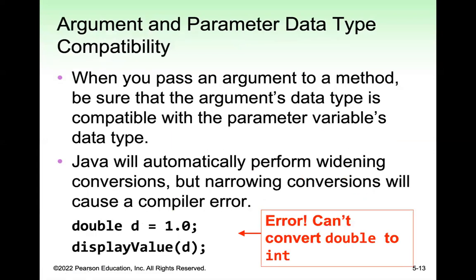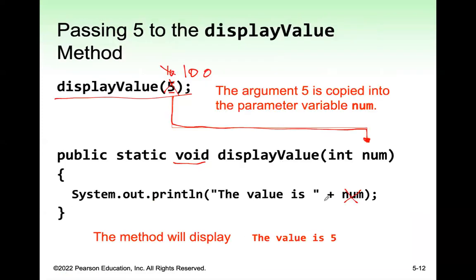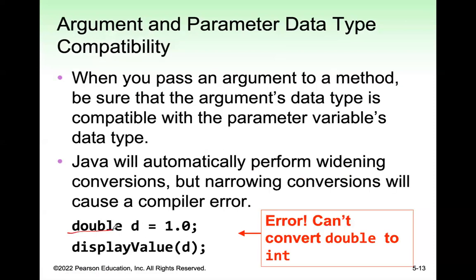Let's see data types. It's very important to know your data types and know that each data type is its own thing. If you're specifying right here that you're sending an integer, you cannot pass anything else to this method. In this case, we have a double.